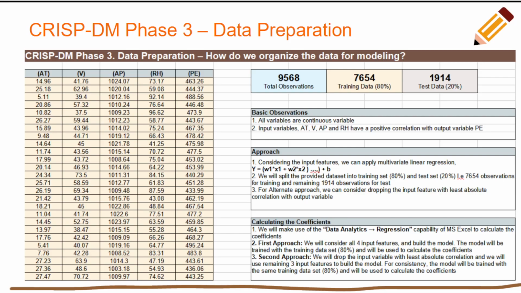All the variables are continuous variables. The input variables AT, AV, AP, and RH have a positive correlation with output or target variable net electrical energy output. This leads us to apply multivariate linear regression model for predicting electrical energy output.